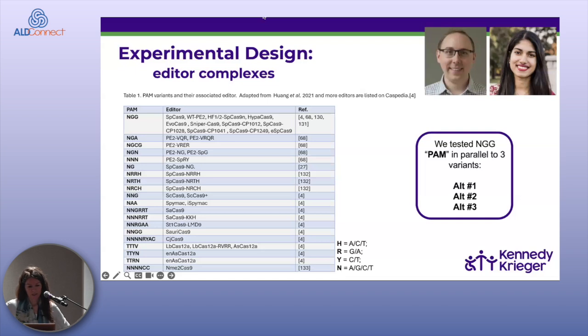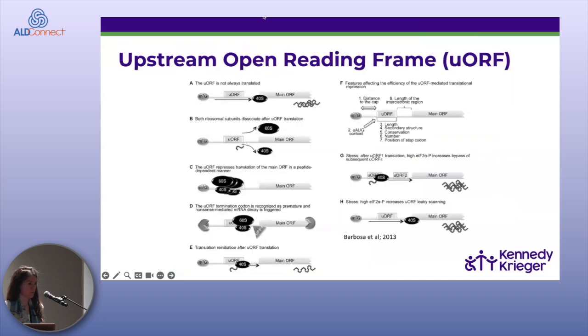And then the approach here to use these base editors is to look at a sequence called an upstream open reading frame. An upstream open reading frame is an area of a gene that precedes the main portion of the gene, the information portion that we're interested in. These are highly regulated regions of sequence that maintain an ability to edit the downstream gene of interest.